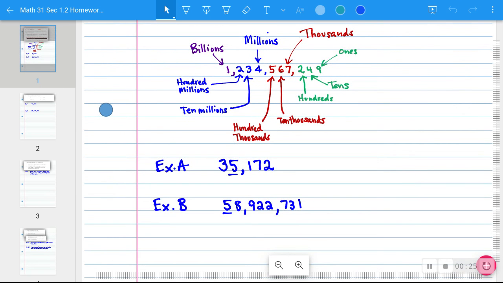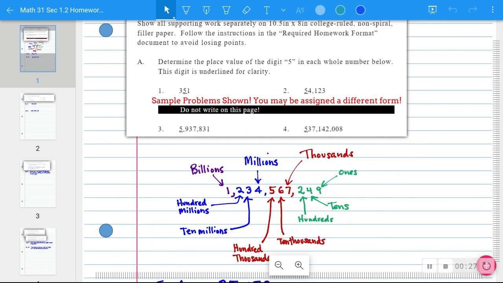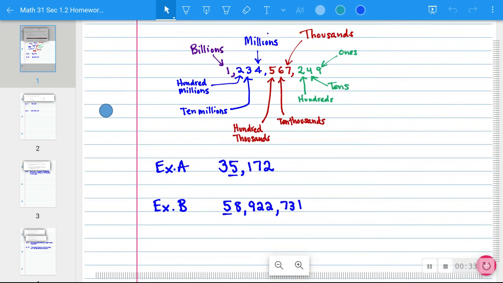Okay, in this section, the instructions are we're supposed to determine the place value of the 5 that's underlined in the problem. So what I've done here is made a little chart to refer to. The place values start in the billions column. Billions, and then there's the millions, namely the 100 millions, 10 millions, and the millions themselves.